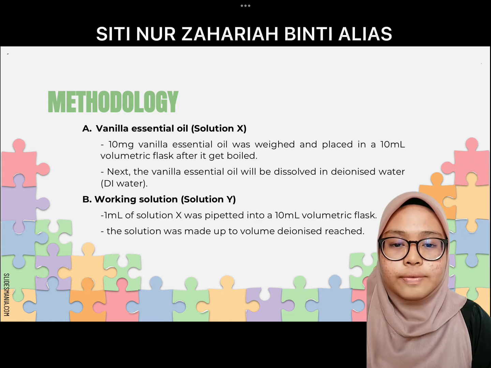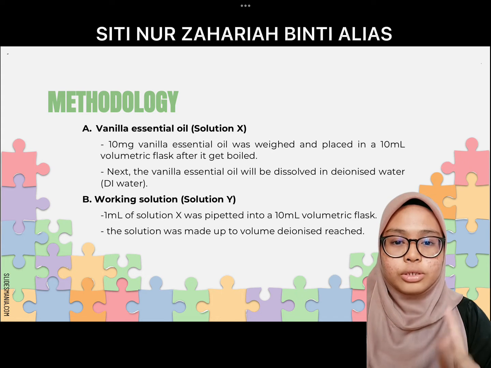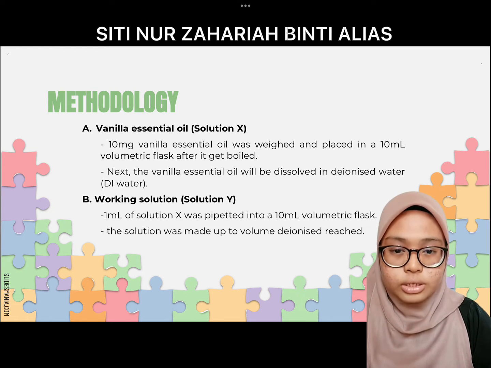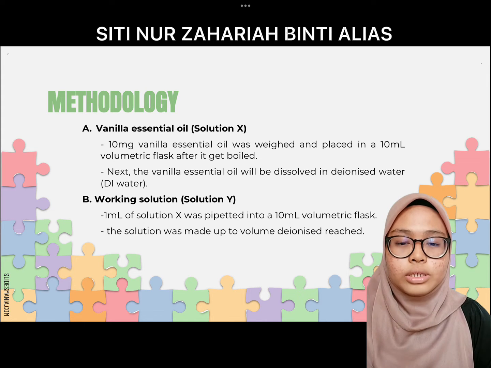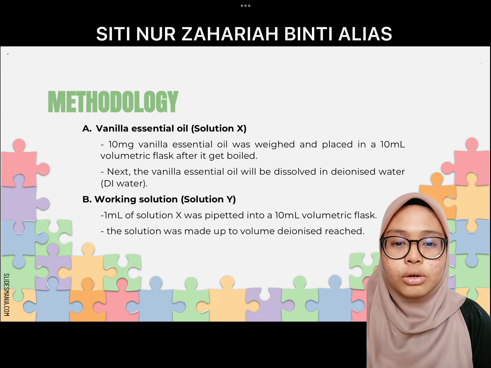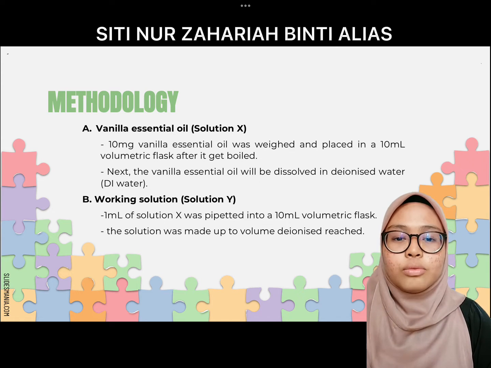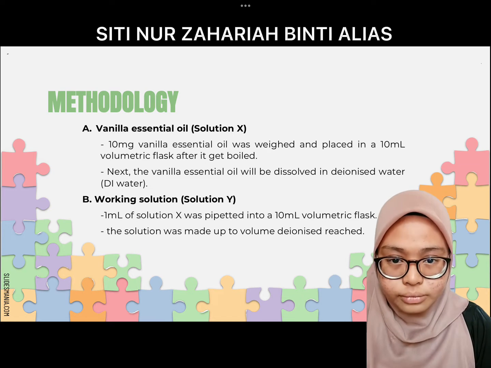For the first slide, I will explain two solutions: the vanilla essential oil, solution X, and the second solution, the working solution, which we will label as solution Y. For the vanilla essential oil or solution X, 10 mg of essential oil was weighed and placed in a 10 ml volumetric flask.